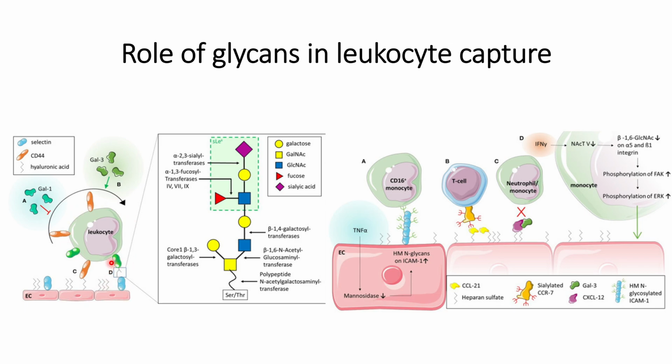And when CD44 interacts with the hyaluronic acid, at the same time the ligands that are expressed on the leukocytes also interact with these selectins based on different carbohydrate structures, and those carbohydrate structures are shown here.